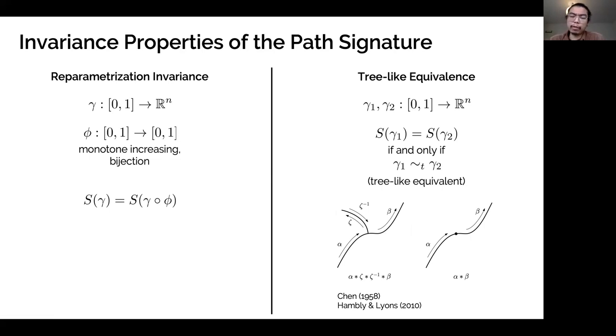So this was originally proved in the piecewise regular setting, where paths are piecewise C1, by Chen in the 50s. And later on in 2010, this was extended to the case of bounded variation paths by Hambly and Lyons.